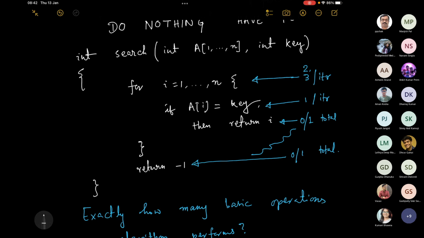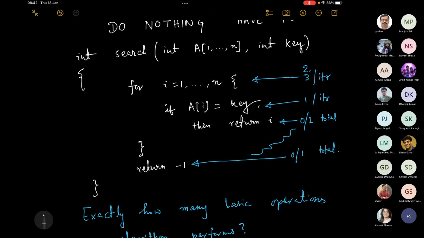Now, if performance does not come as a number that is easy to compare, and it comes with so many qualifications, if the input is this then this, if the input is that then that, and for every two algorithms we have this huge description of performance, then how will I compare? This is a tremendous job.